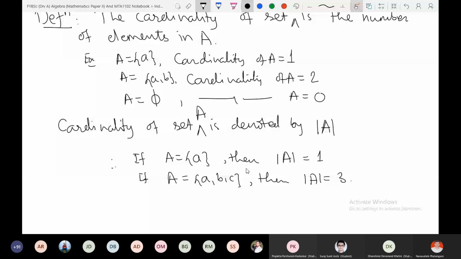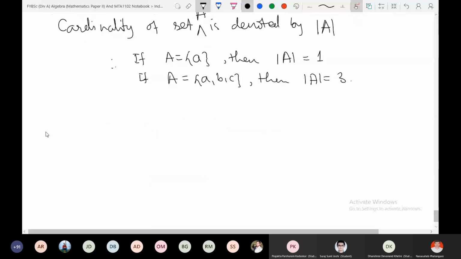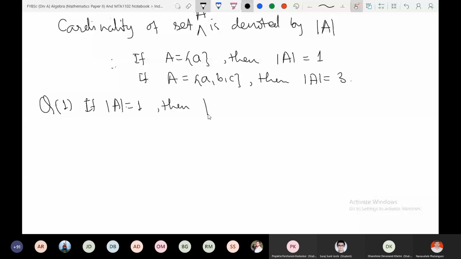The question I want to raise is, if the cardinality of A is 1, then what is the cardinality of the power set of A? 2. That's right.